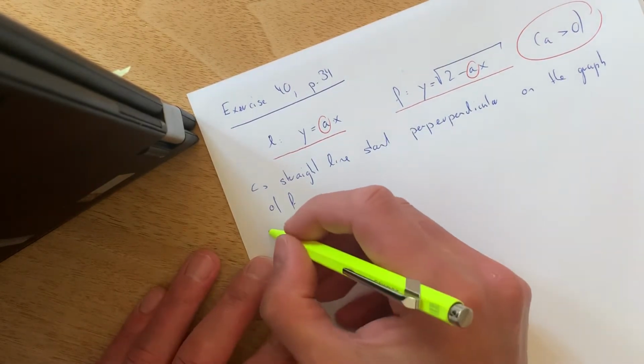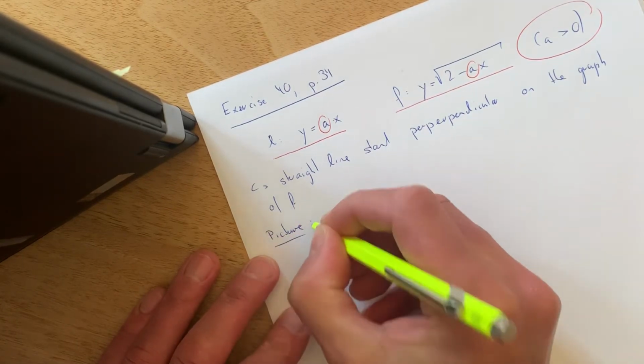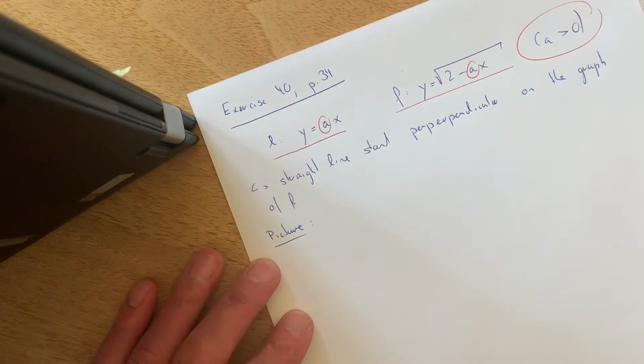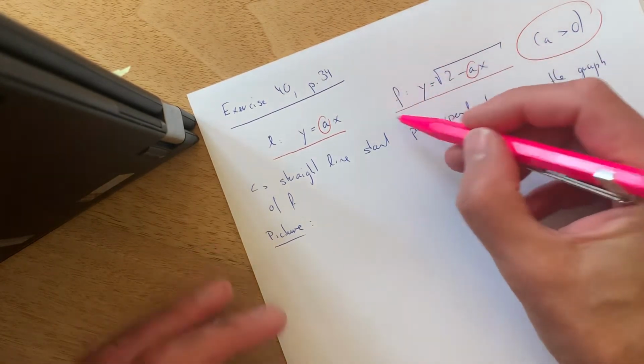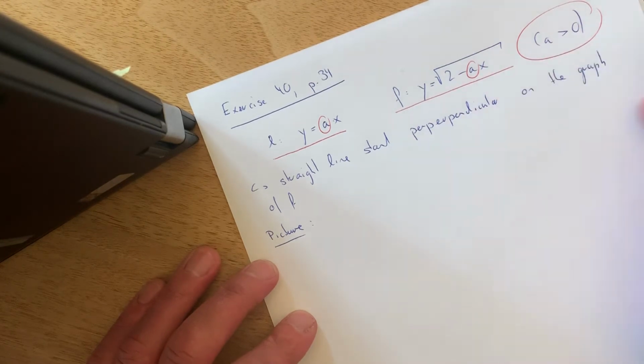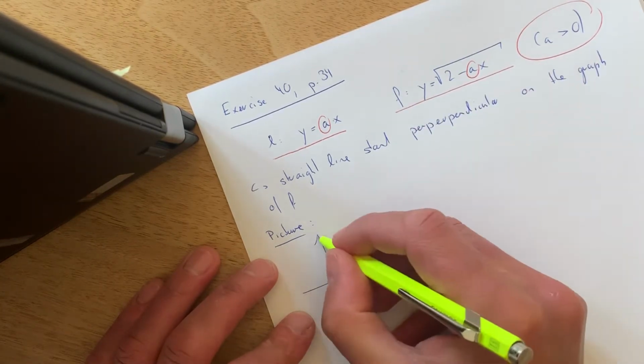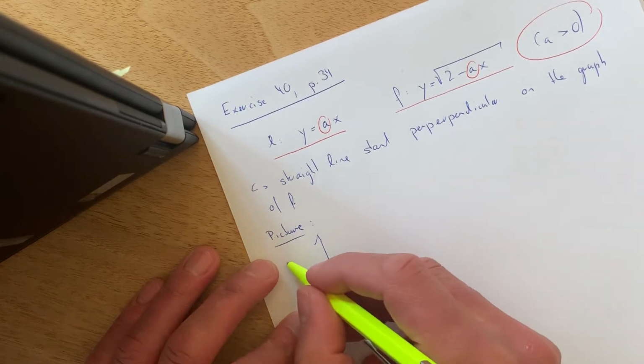So maybe to start, it's a good idea to draw a picture of the situation. Here, of course, you can't use your calculator to draw the graph of this thing because of the a. However, just take any positive value of a, let's say a equals 2, and draw the graph, and then you will see how the graph of f looks more or less.